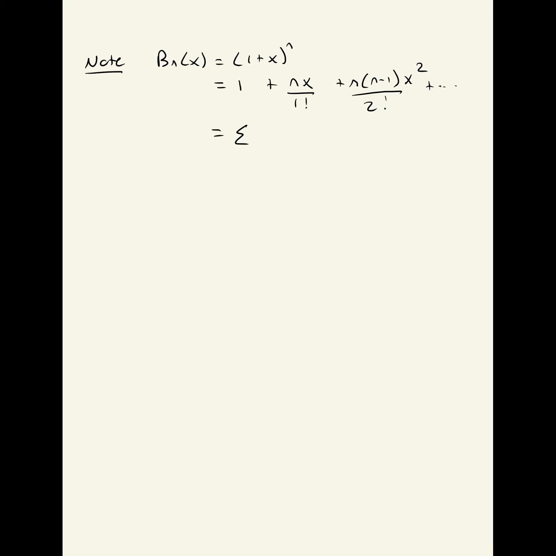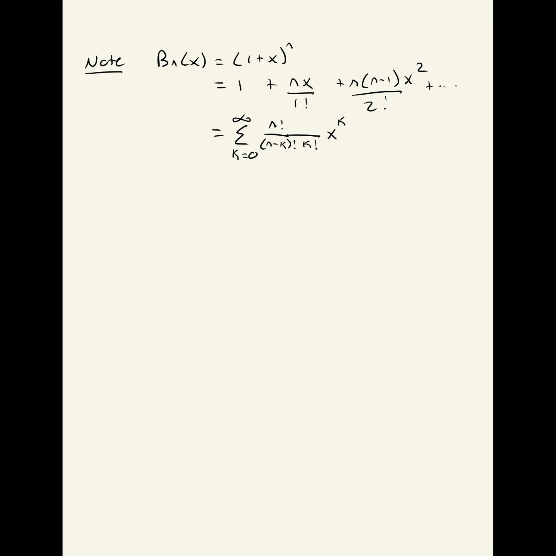So this ends up looking like the sum k equals 0 to infinity of n factorial all over n minus k factorial. This is the general term for what's happening in the numerator here. In addition, we have a k factorial in the denominator that comes from the Maclaurin expansion, and this is always going to be the coefficient on x to the k.